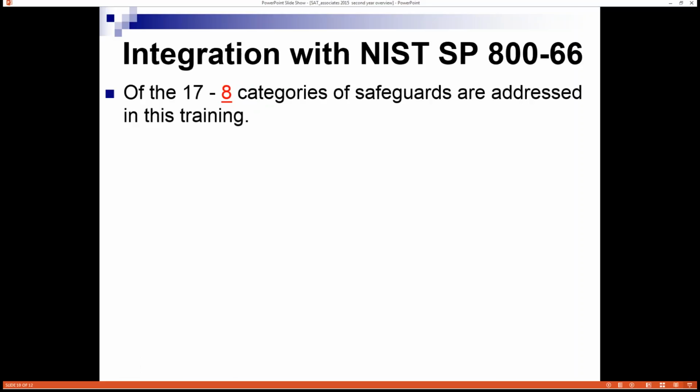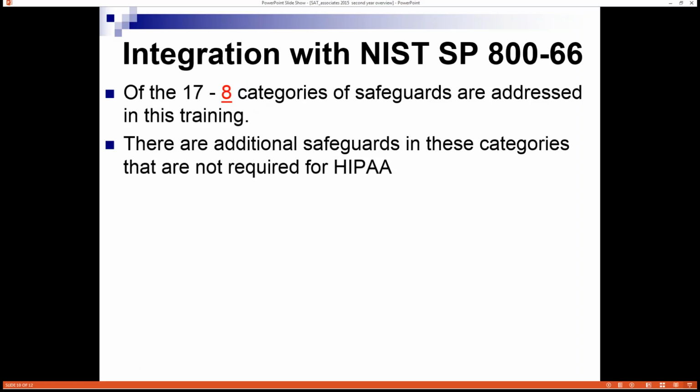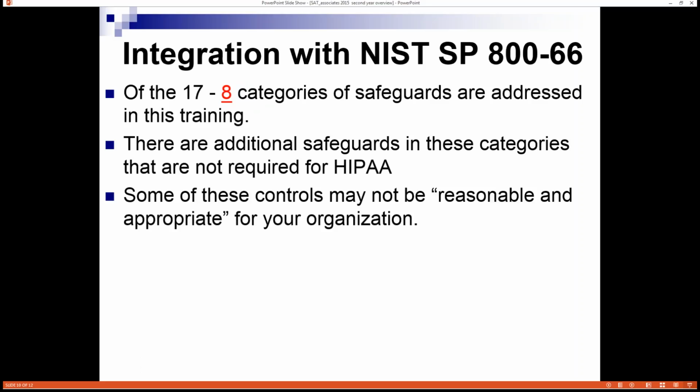Integration with NIST Special Publication 800-66. Of the 17 on the previous slides, 8 categories of safeguards are addressed in this training. There are additional safeguards in these categories that are not required for HIPAA security rule compliance. Some of these controls may not be reasonably appropriate for your organization, and you won't have written policies or use them.